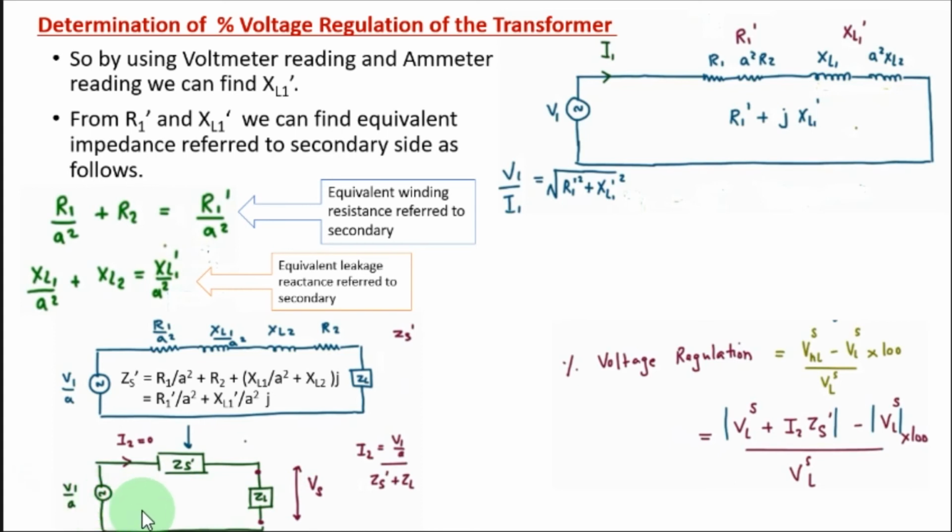No load means there is nothing connected here. But when you connect the load here, this voltage will drop. That drop is equal to this one, I2 into ZS dash.